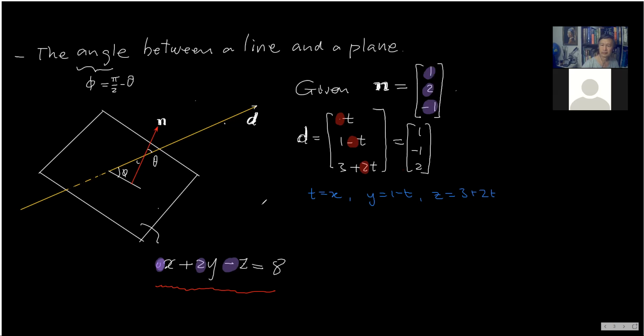Do we just make a cross product of it? How do we determine this? See, the question has reduced to working out the angle between two vectors now.